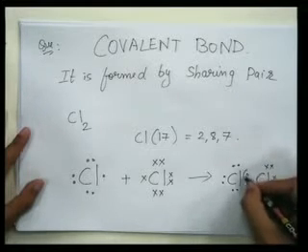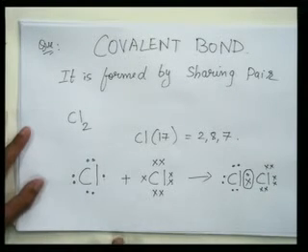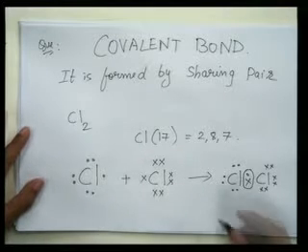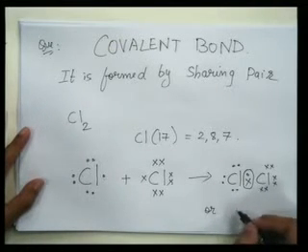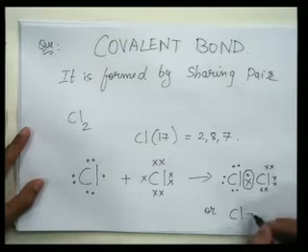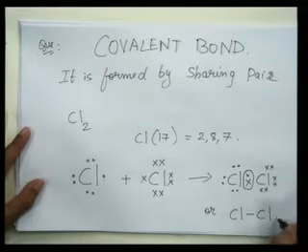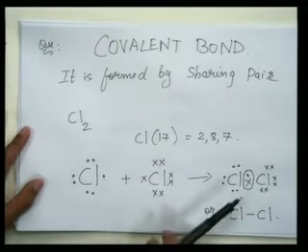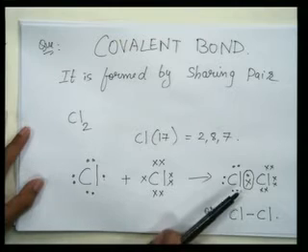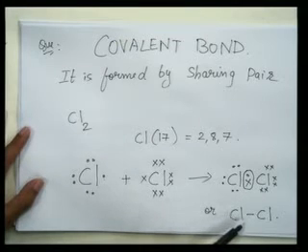So what happens? If you see here, your chlorine is sharing one electron pair, and hence we can say here that your chlorine is forming the single bond. So depending on the shared electron pair, this bond varies.